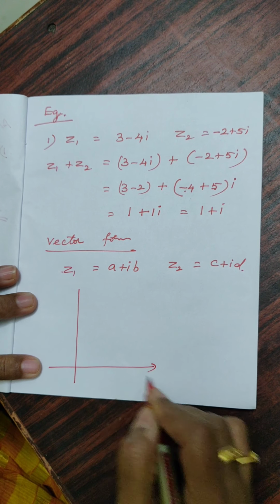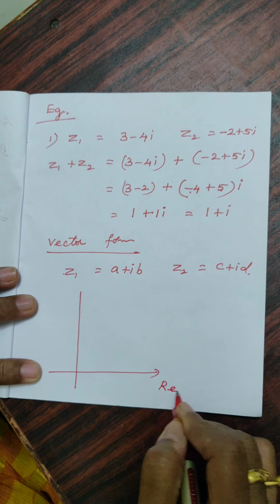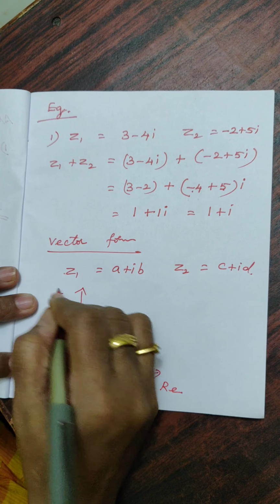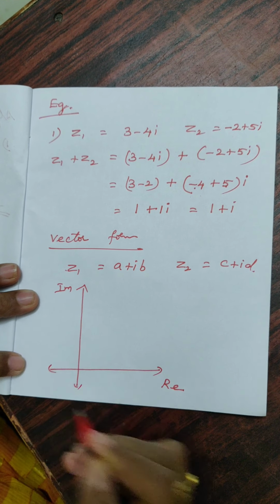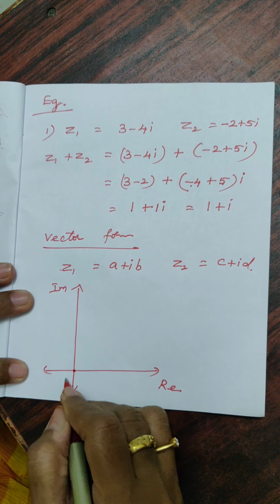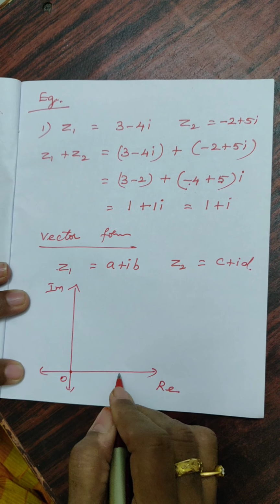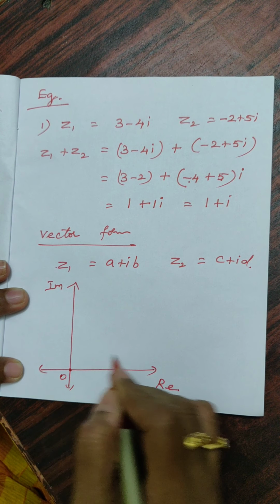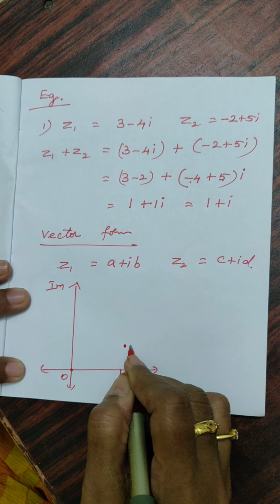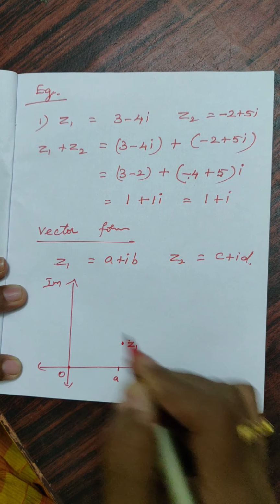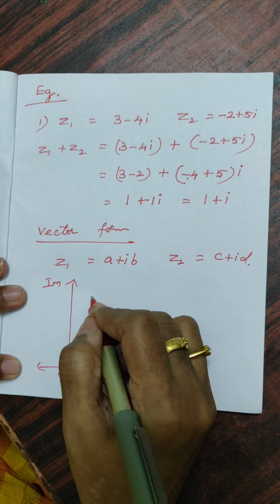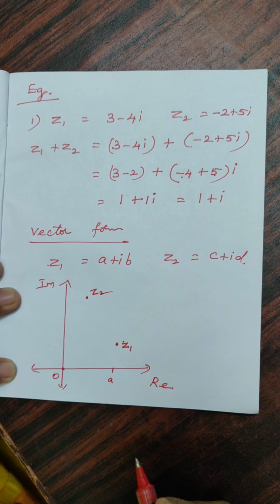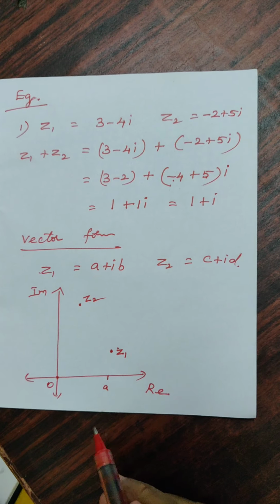This is our real axis and this is our imaginary axis. In the real axis, here is the origin. Let Z1 be the number here, and Z2 is a number here. So I want to add the two complex numbers.